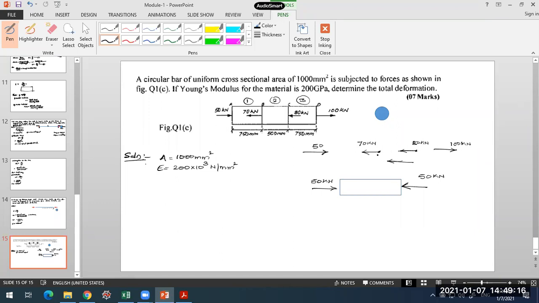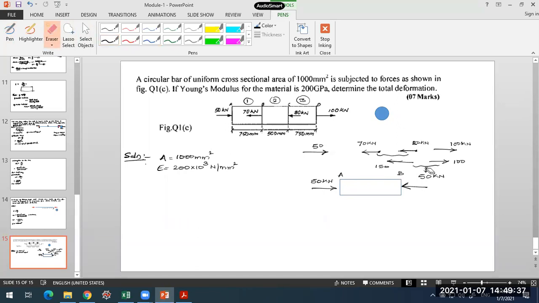When I add these two forces, this will be 150, and this is the other force on the right side of the segment AB, 100. So when you add these together, you'll get a net force of 50 kilonewton towards left. Is that fine?